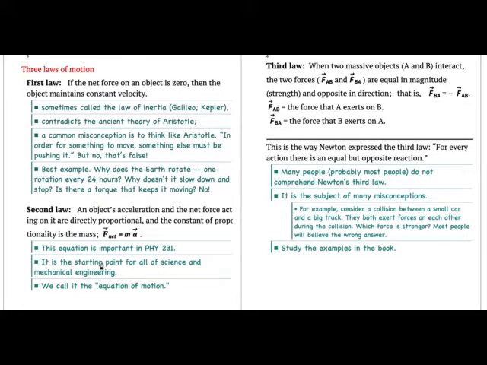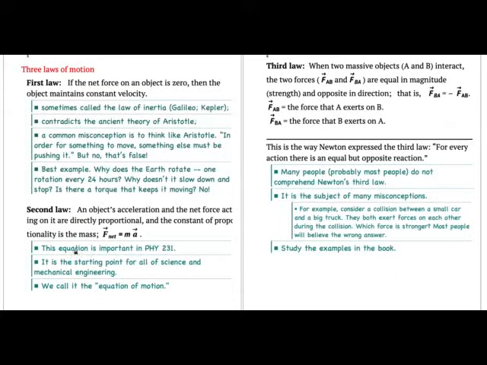So the larger the mass, the smaller the acceleration. So you see how mass is a measure of inertia, the resistance to change in velocity. Change in velocity is acceleration. The larger the mass is for a given force, the smaller the change of velocity. So mass is a measure of inertia. It's a measure of the resistance to the change in velocity.